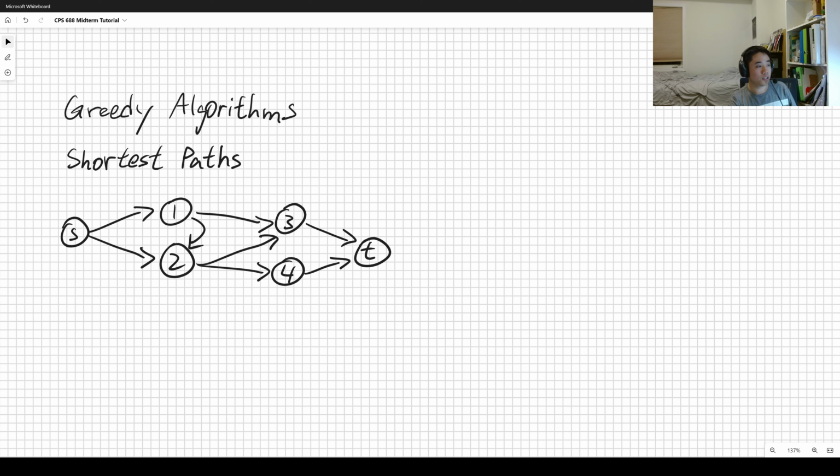So S is your start, T is your ending point. And I'm going to assign each edge a weight.